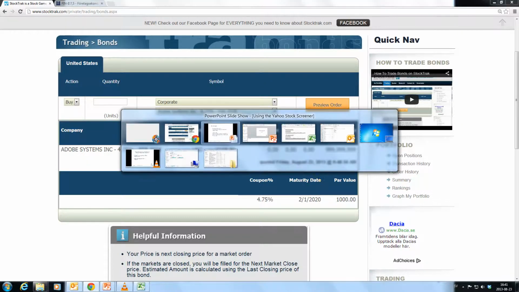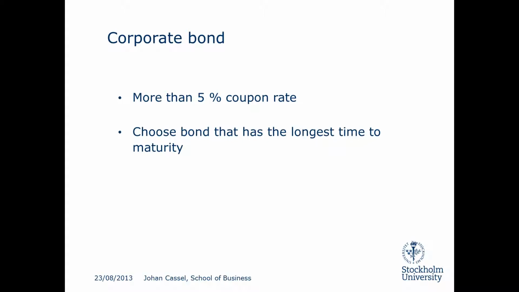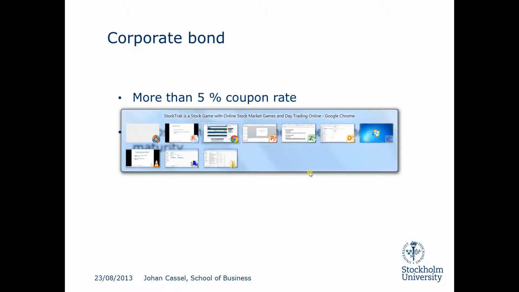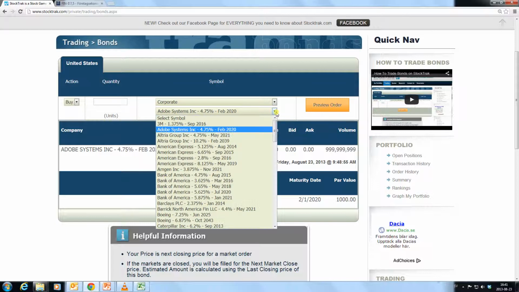So I'm going to begin with the corporate bond, and I'm going to require that the corporate bond has more than a 5% coupon rate. That's a minimum for me, and this is taken for no specific reason, just to have one example. Then I'm going to choose the bond that has the longest time to maturity. So if I go back here, I will not look at, for example, Adobe Systems, because it does not have a coupon rate above 5%.